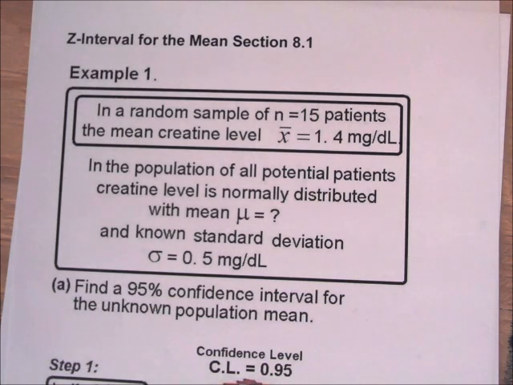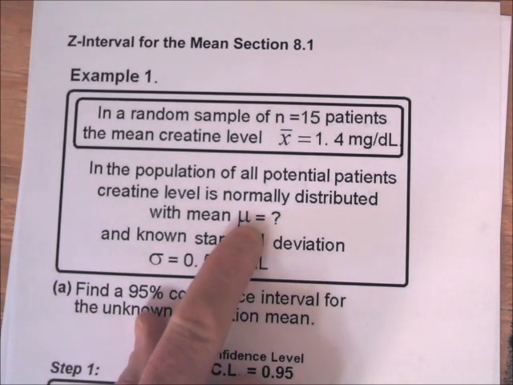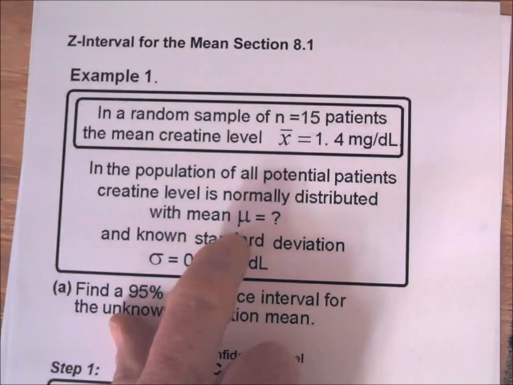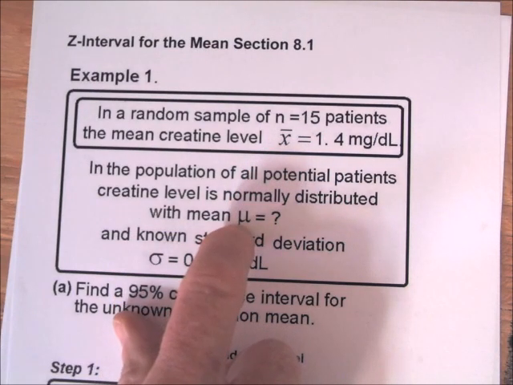So we want to find two values such that we're pretty sure the unknown population mean is between those two values. The sample mean is actually a point estimate for the population mean.